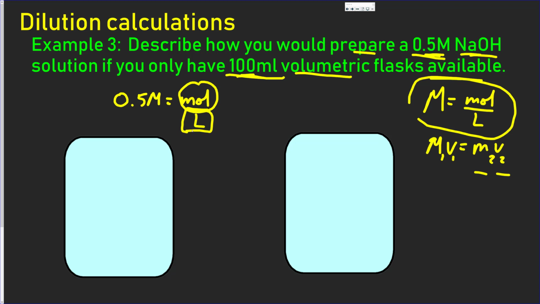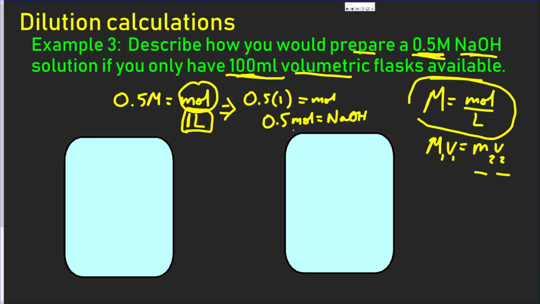So if you try to find moles, you can assume that this is per 1 liter because you're not given the volume. That makes things a lot easier, because this will be 0.5 times 1 liter equals the number of moles. So finally, you know that you have 0.5 moles of NaOH.